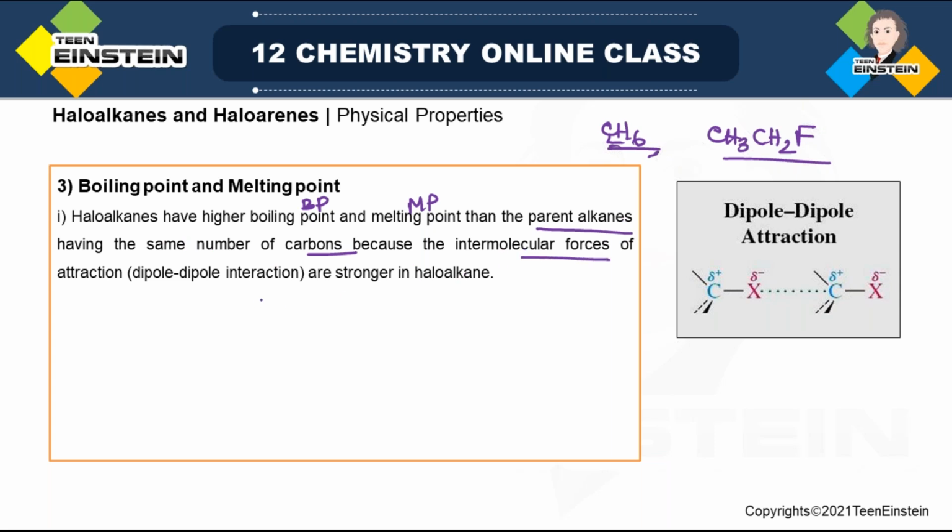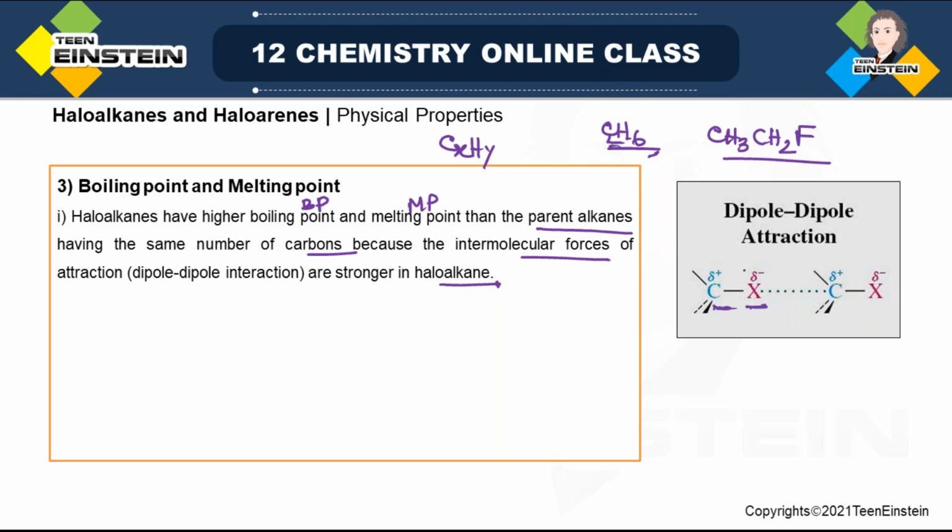What happens now? Intermolecular forces of attraction are stronger in haloalkanes. When it is simply an alkane, it is basically carbon and hydrogen, suppose X number of carbon and Y number of hydrogen. So when there is only carbon and hydrogen, there will be no dipole present, because charge separation between carbon and hydrogen is not so high, which is comparatively high in the case of the C-X bond.